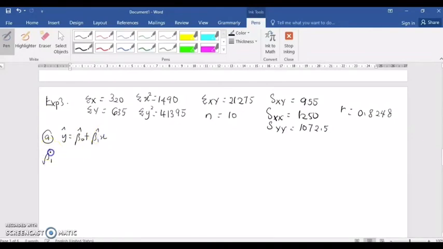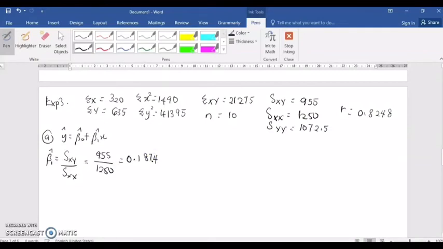So beta 1 hat is equal to Sxy divided by Sxx. You have Sxy 955 over Sxx 1250. At the end of this calculation, you will get 0.1874.